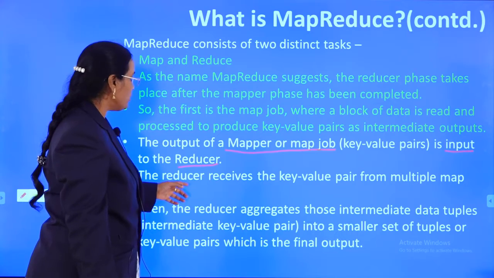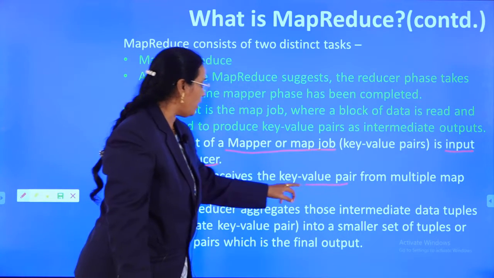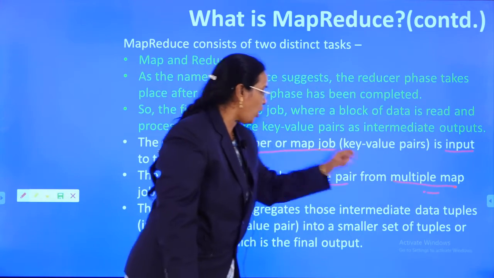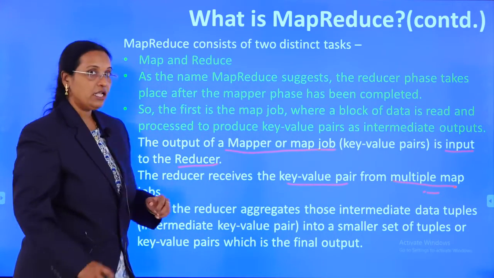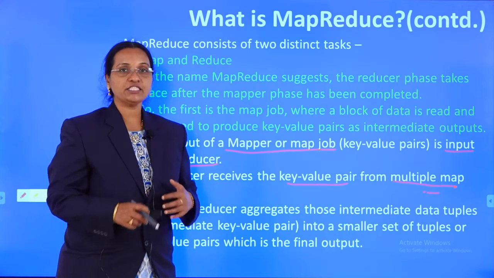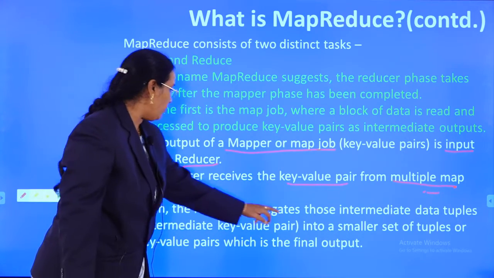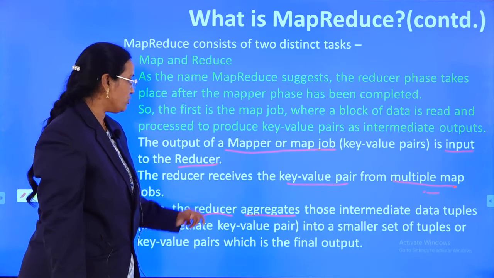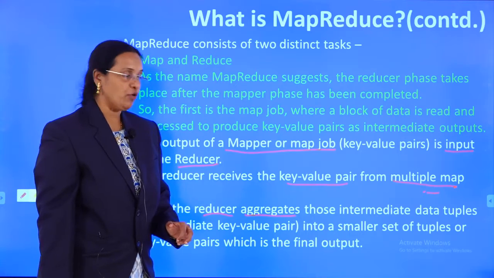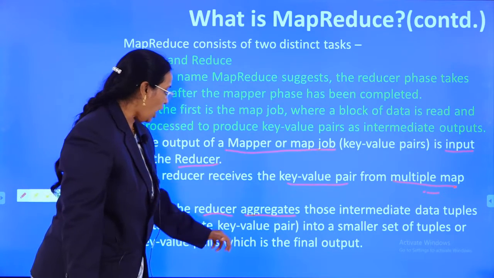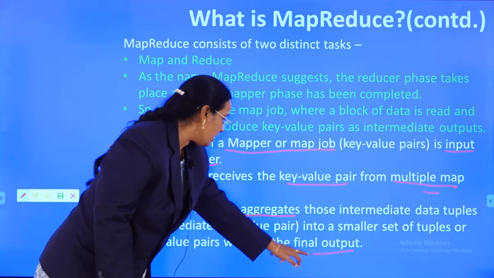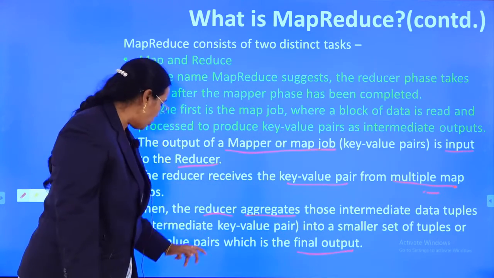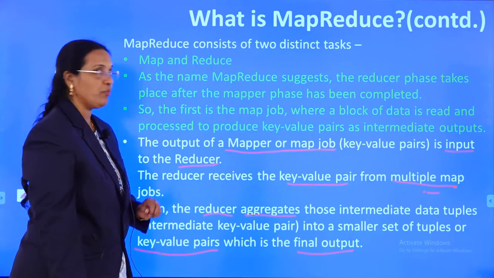The reducer receives the key value pairs from multiple map jobs, as there will be multiple map jobs available. Then the reducer performs the aggregation job. It takes the intermediate key value pairs, and finally the output is given by the reducer, and of course the output of the reducer is also in the form of key value pairs.